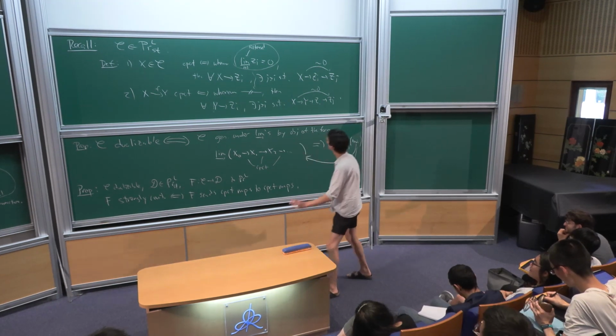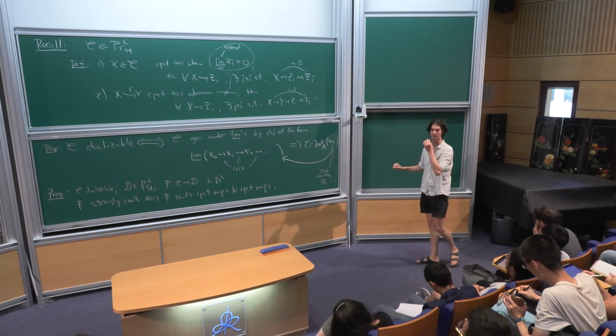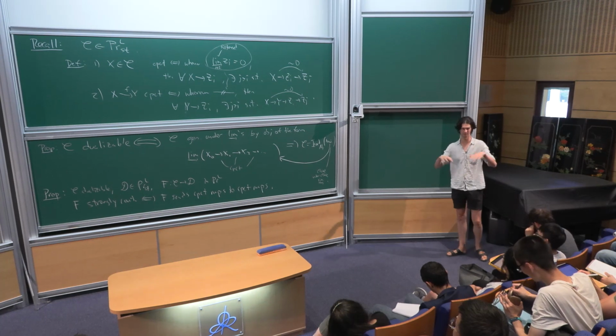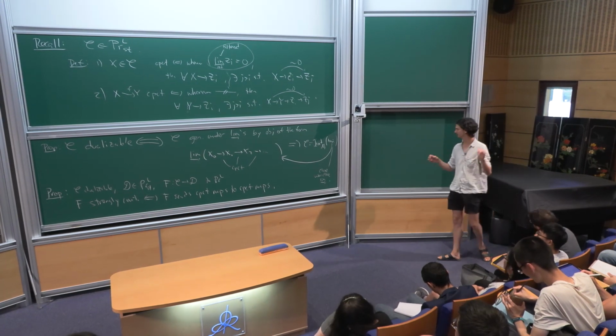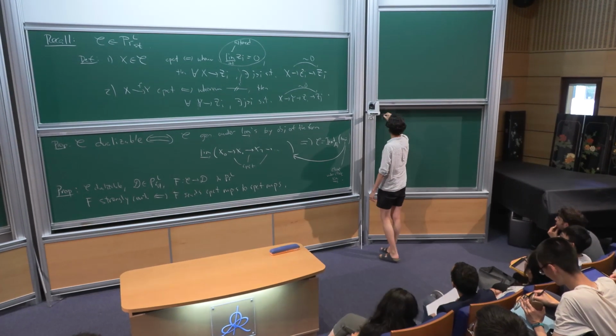So now I'm going to use this perspective to describe how you can just build dualizable categories for free. So, building dualizable categories.